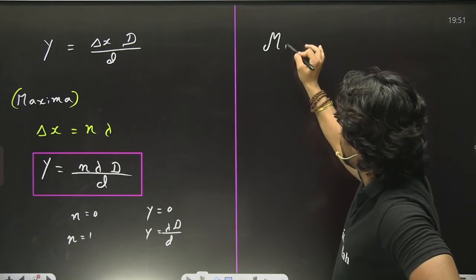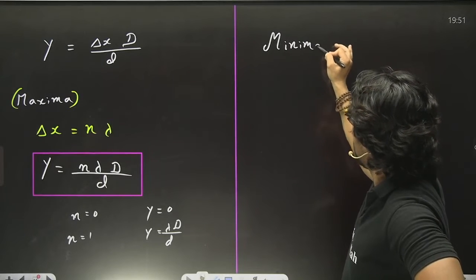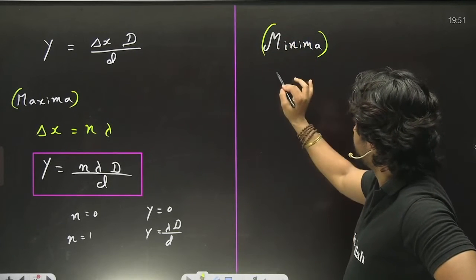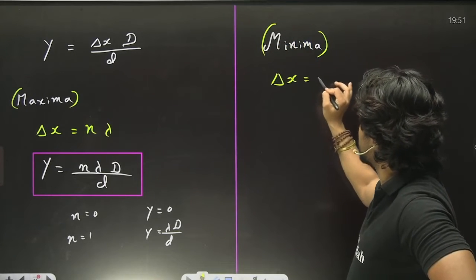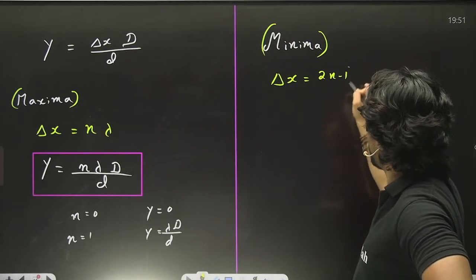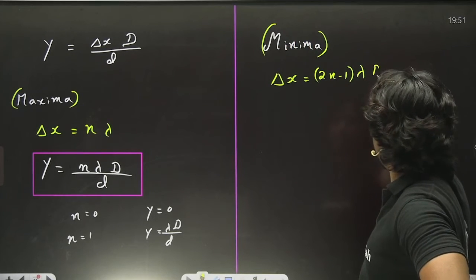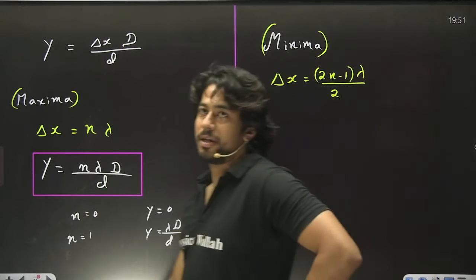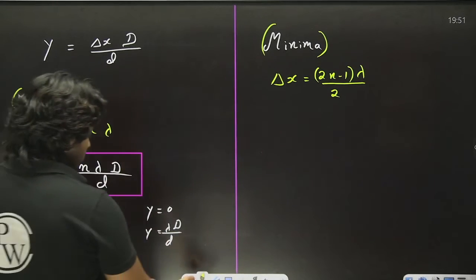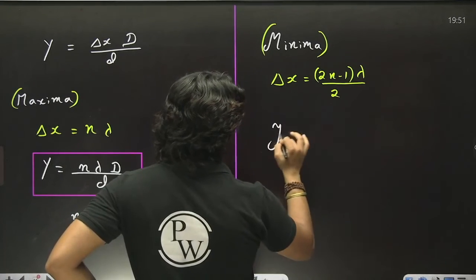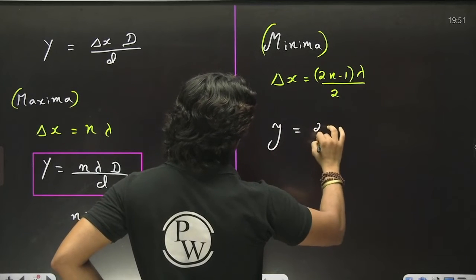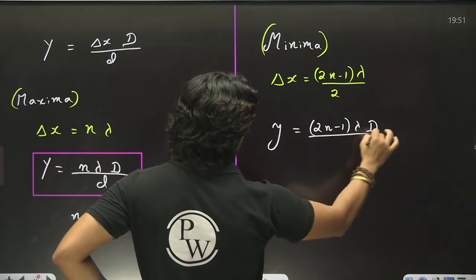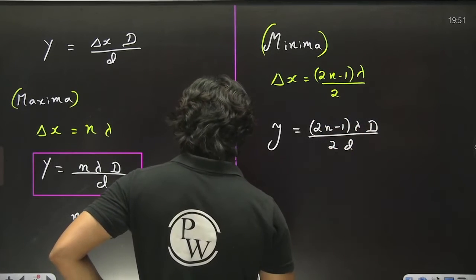Apart from this, we are going to talk about the condition for minima. The condition of minima is that delta x, the path difference, is 2n minus 1 times lambda by 2. If we substitute this, the position of minima is y equals 2n minus 1 times lambda D divided by 2d.